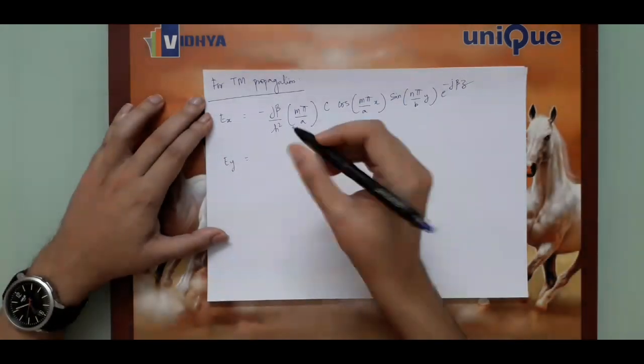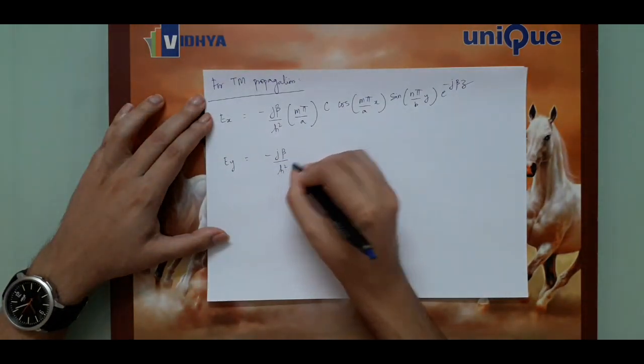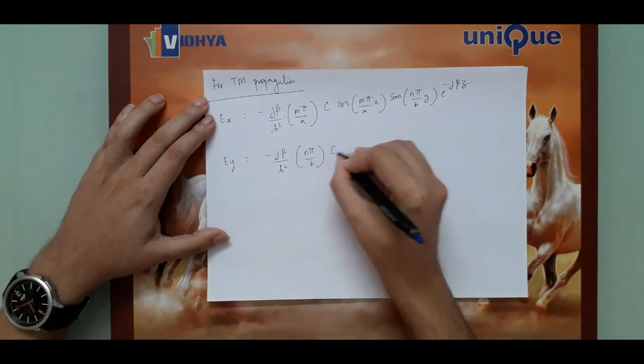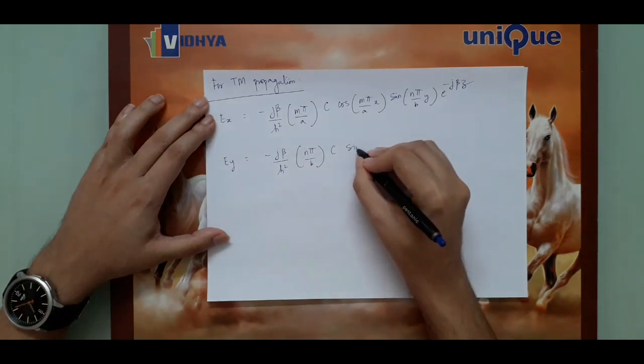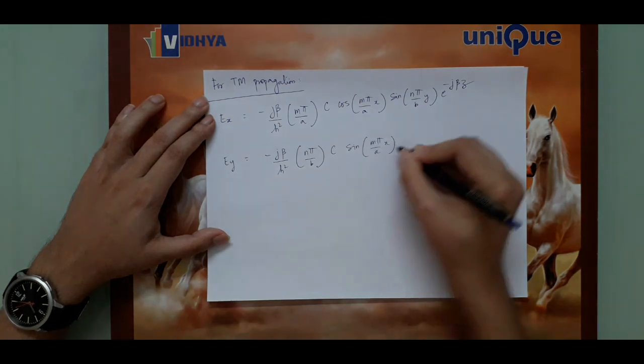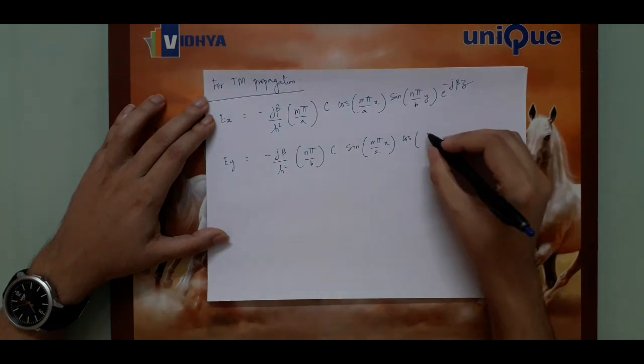Ey will similarly become minus j beta by h square times n pi by b times C sine m pi by a x cos n pi by b y, where this one is differentiated.